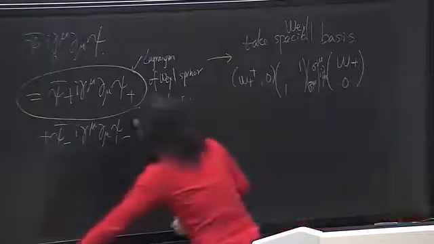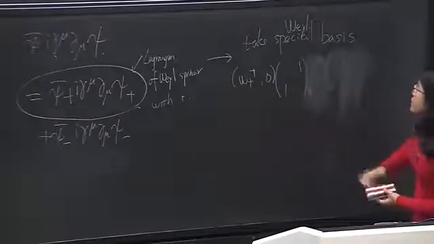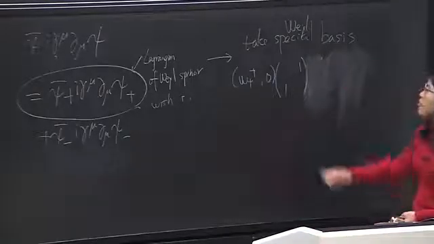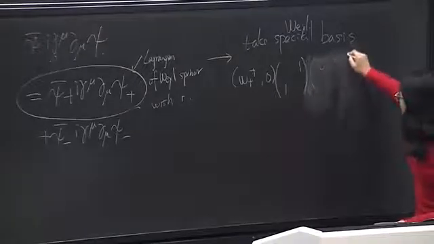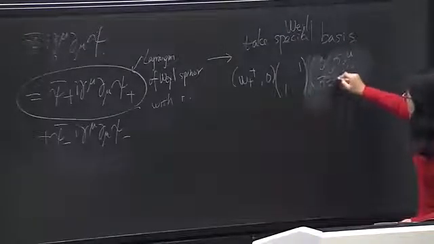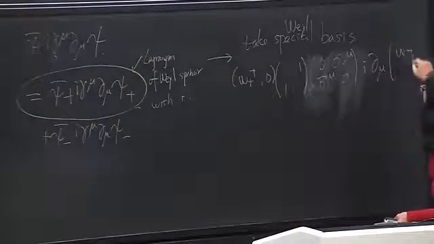Okay, let me rewrite it so that it's legible. So this is the psi bar, and this is the gamma mu, and this is the i partial mu. This is the psi plus.